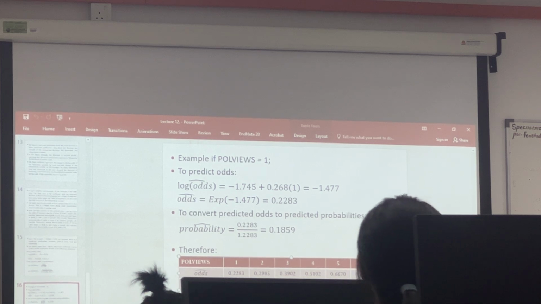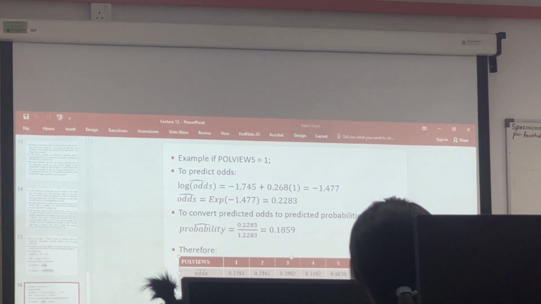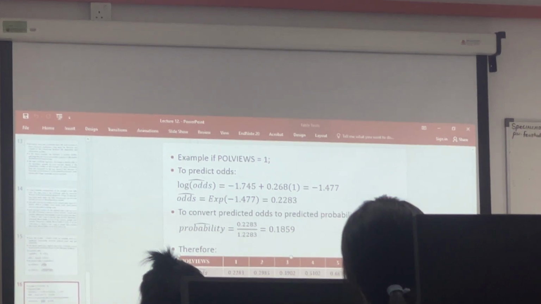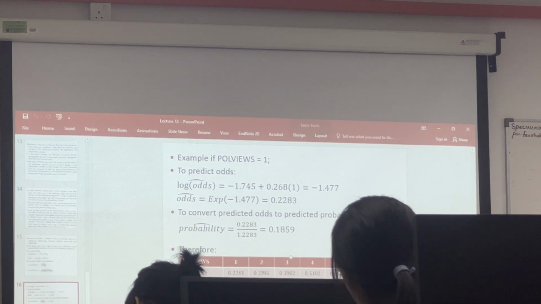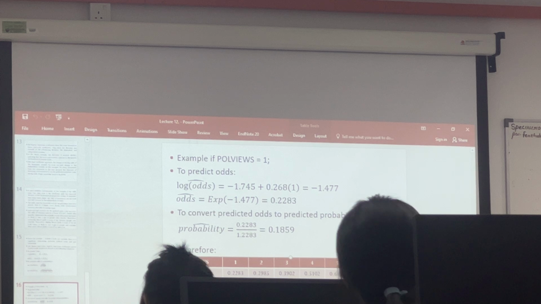In terms of probability, it is also more than half. We know probability is between 0 and 1, so more than half means more likely to own a gun. So the probability of an extremely liberal person owning a gun is 0.1859, and the probability of an extremely conservative person owning a gun is 0.5327.